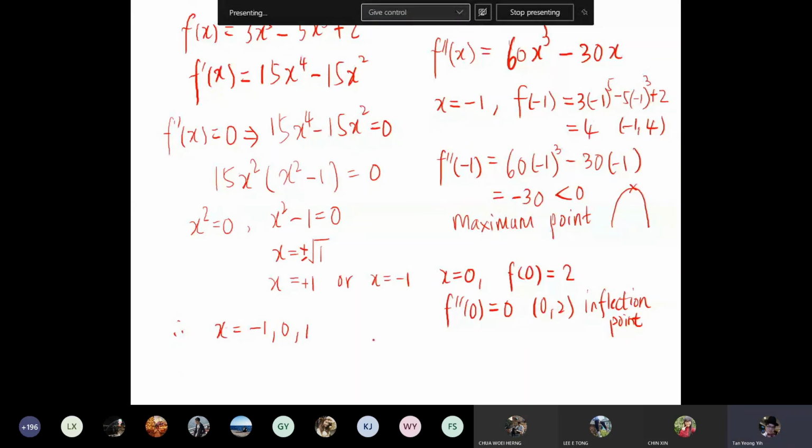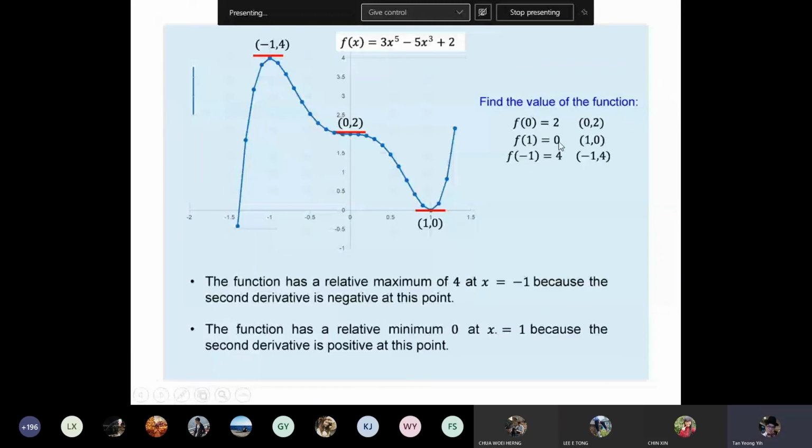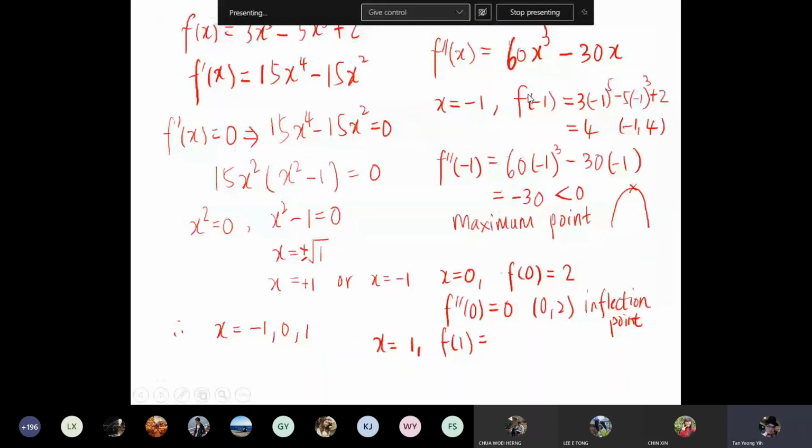And now I'm going to test the third point. Sorry, it's a positive one. So, what is the y? Substitute 1 into here and here, and I'll get 0.